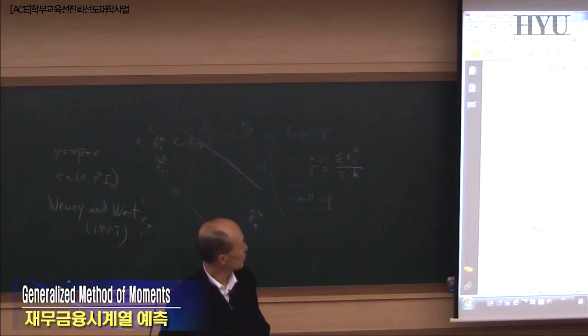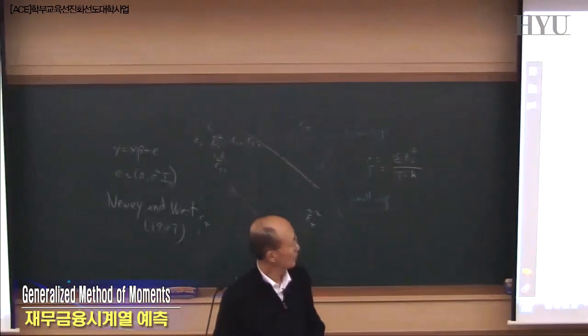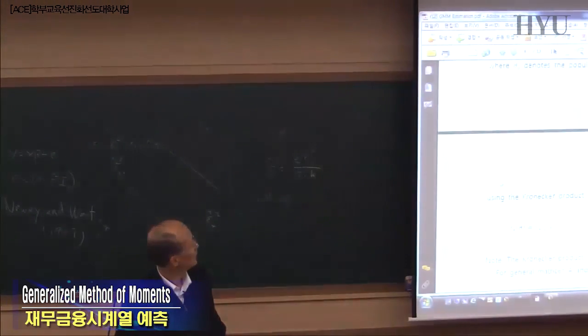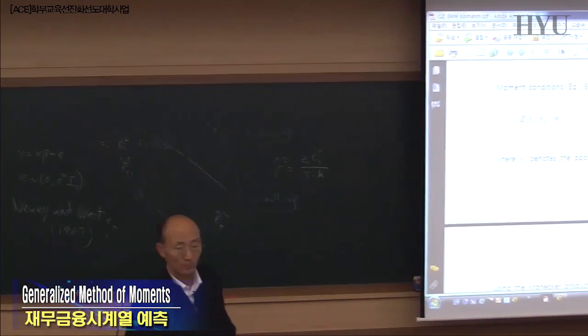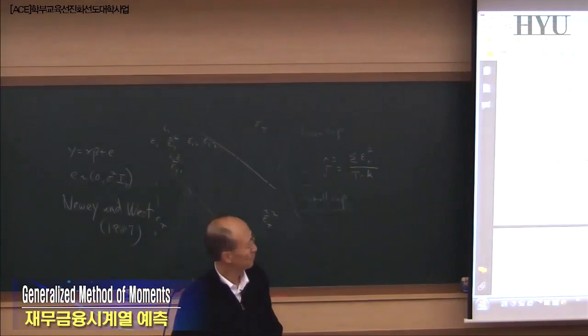When you actually construct f of t, you have to construct it in this way. Right? So when you have that, because your sample is finite, take the average to calculate the expectation. Okay?